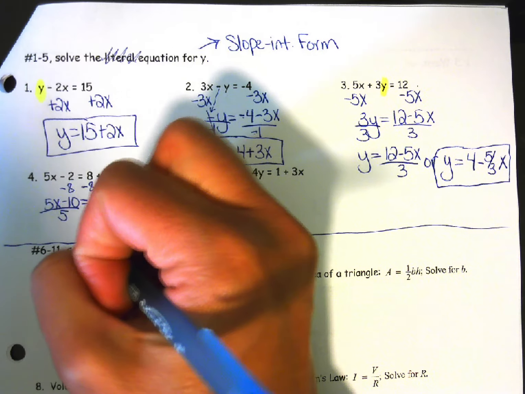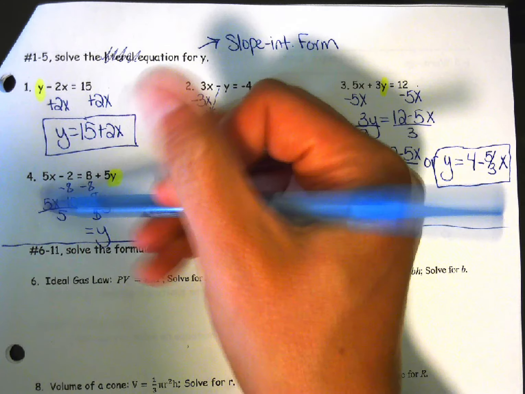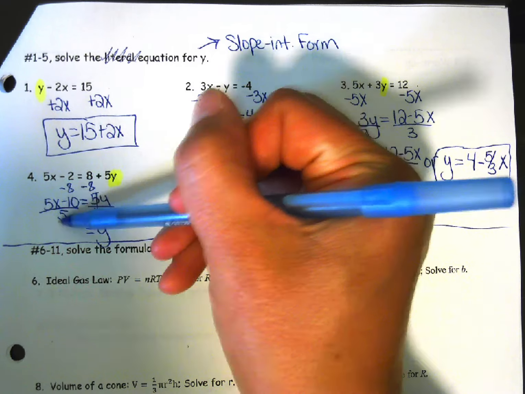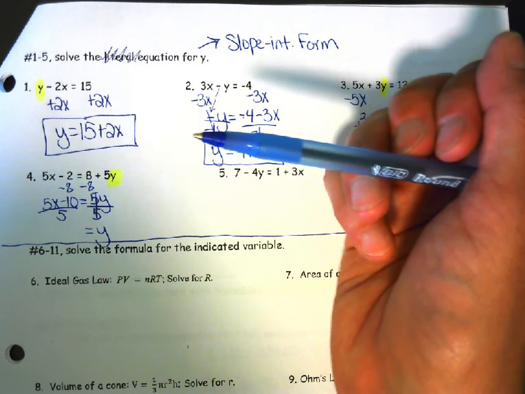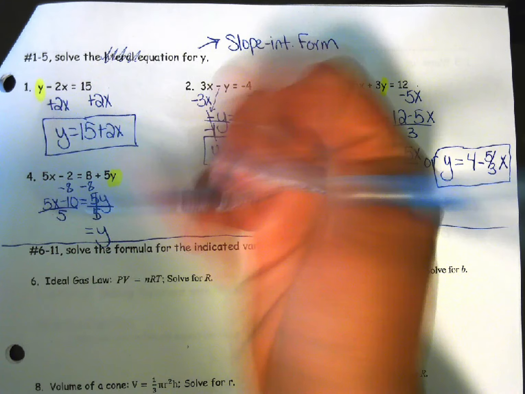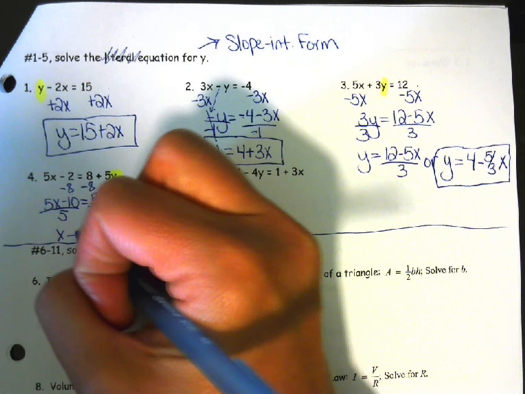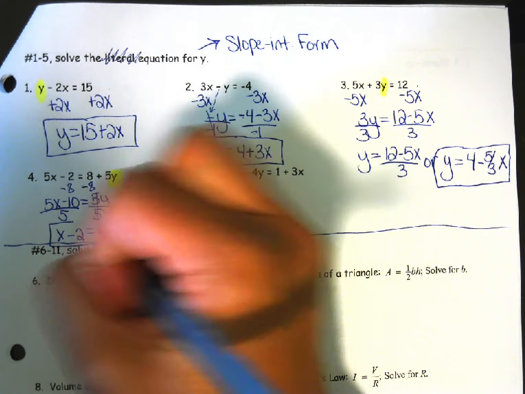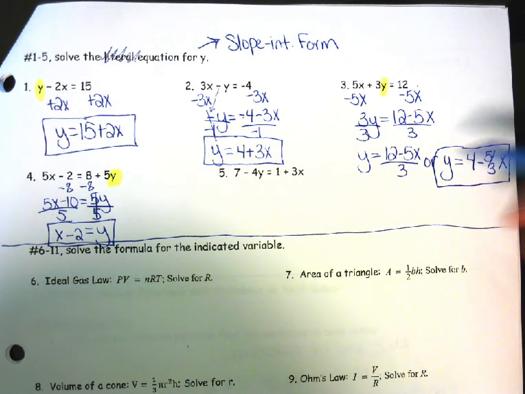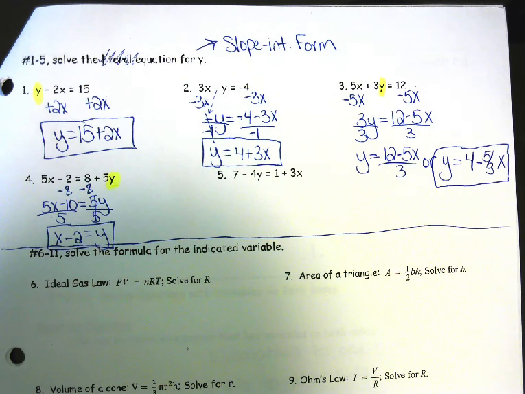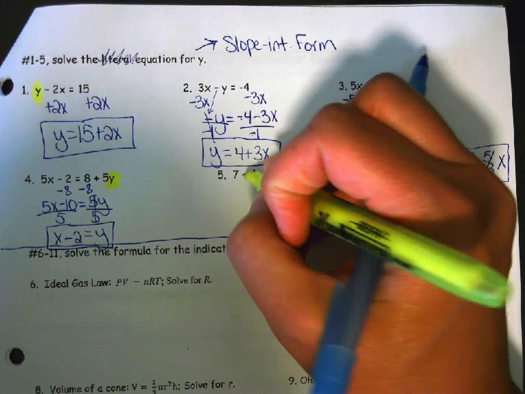Now, in this particular case, both of these are divisible by 5, so it really makes sense to go ahead and divide it out. So 5 divided by 5 would just be 1. Negative 10 divided by 5 would be 2. And then that would be my answer. Okay? So not real hard, just got to watch the little steps and the little mistakes that can be made, but not too bad.